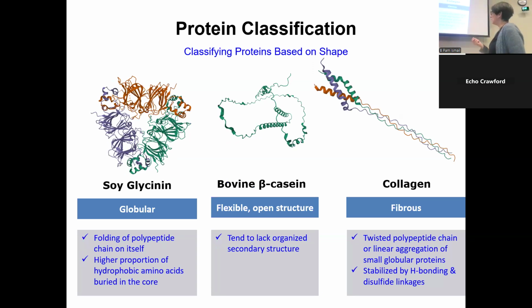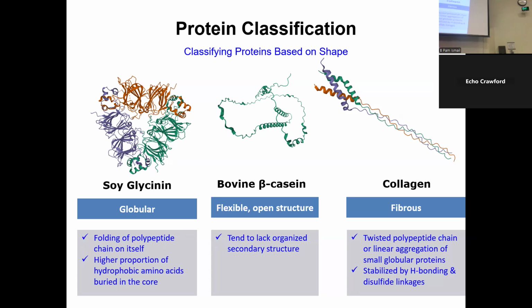Classification based on shape. So you have your globular proteins. Soy glycinin protein is globular and forms a globular quaternary structure. So the monomers are globular and the quaternary structure is globular. Bovine beta casein is a flexible open structure.